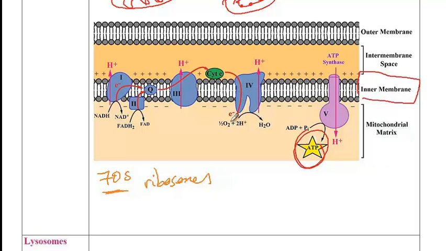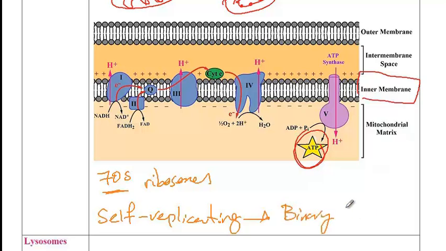So mitochondria also have their own ribosomes to produce their own proteins. It's also self-replicating, and indeed, it replicates in a manner similar to binary fission. Okay, and so again, that's another feature that we see in prokaryotic cells.